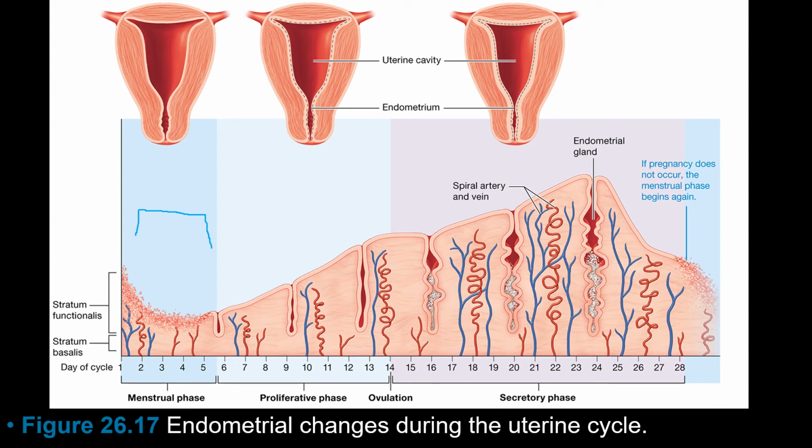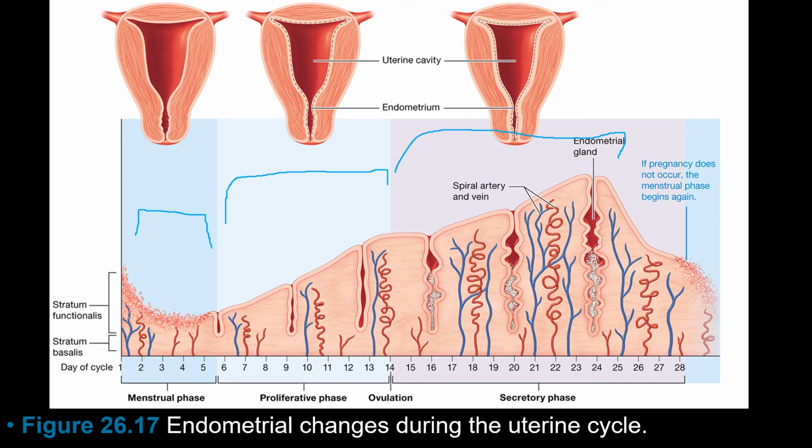And again, during the proliferative phase, you see it begins to build itself back up, and eventually we get to ovulation, and after ovulation, you see right up to this point here, we get to peak thickness.